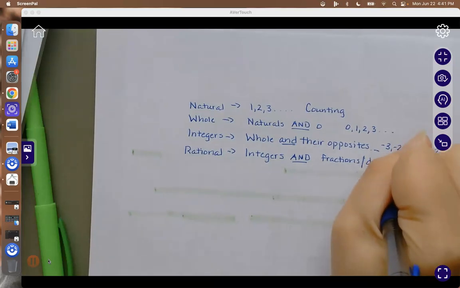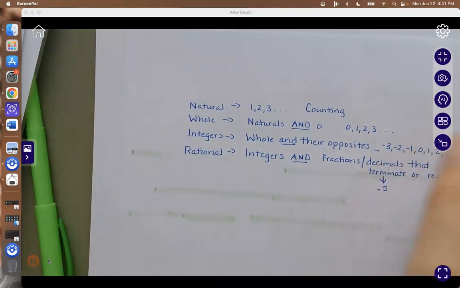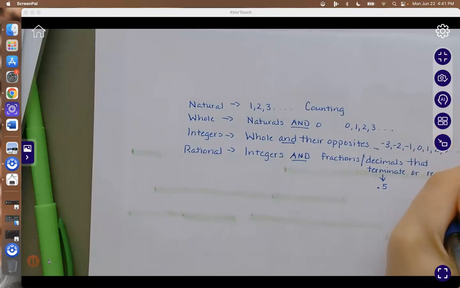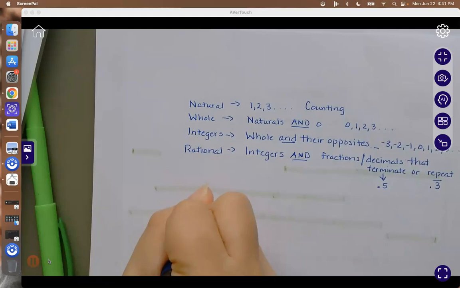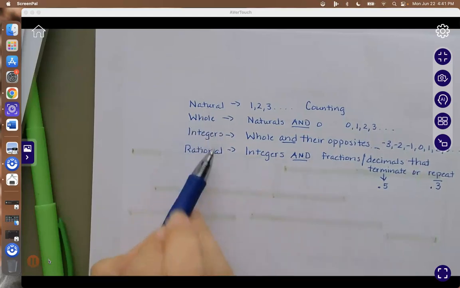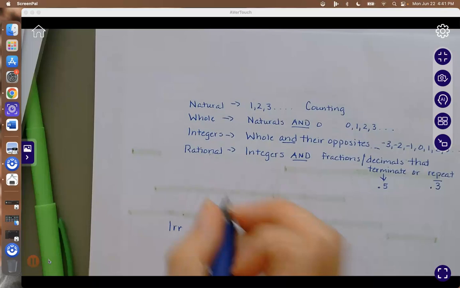Like terminate would be like 0.5. Repeat would be 0.3 that just repeats, okay? So those are rational numbers. Then over here, so all of these are considered rationals.